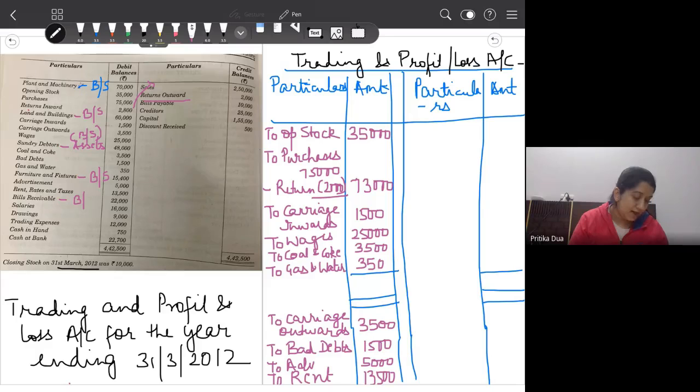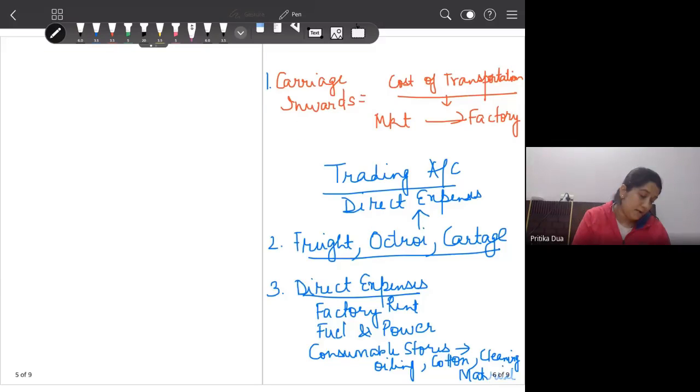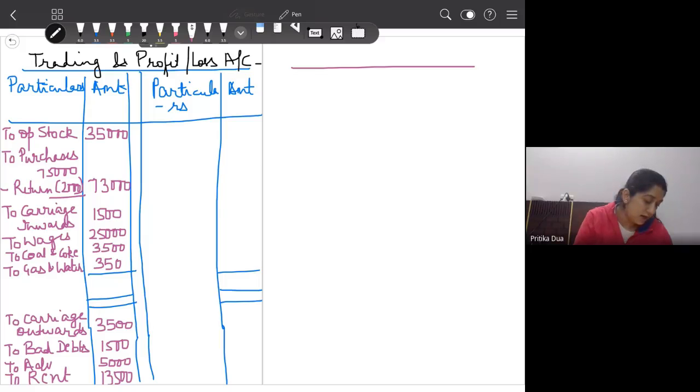Okay. After that, salaries. Now, while wages are paid to daily workers, they are paid on daily basis to blue collared workers. Salaries are paid to skilled staff, to white collared workers on monthly basis. So salaries are per se your indirect expense and hence I'm just continuing this format here.